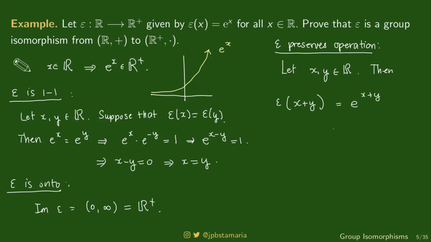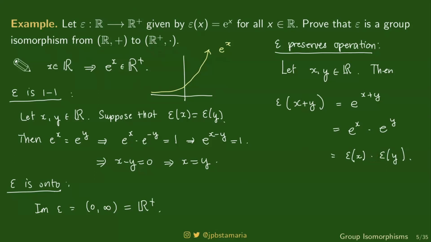You know, in algebra, this is equal to e to the x times e to the y, laws of exponents in the real number world. Yung e to the x, that's epsilon of x times epsilon of y. Ayan yun. Yung addition, ito yung addition ni R. Yung multiplication dito, yun yung multiplication ng R plus.